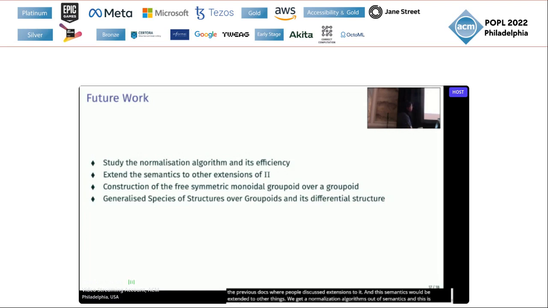It would be interesting to study the efficiency and complexity of this normalization algorithm. The construction of these symmetric monoidal structures, this kind of trick with groupoids and combinatorics, is interesting and has other applications to linear logic and combinatorial species and other things.